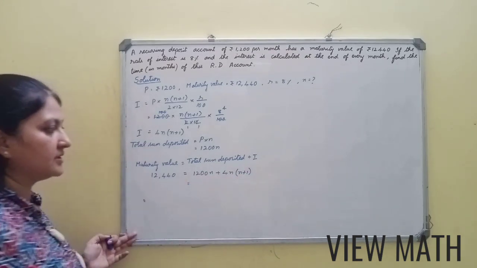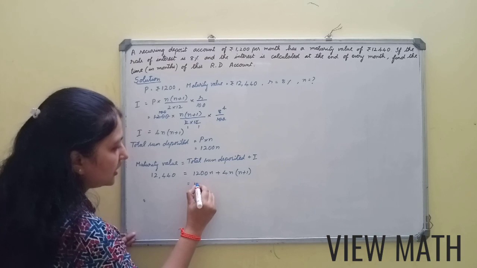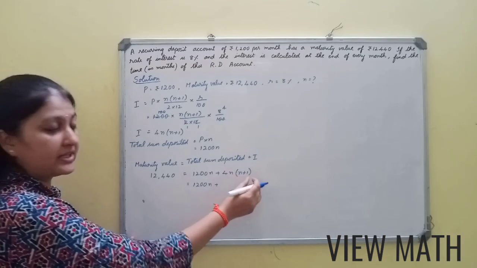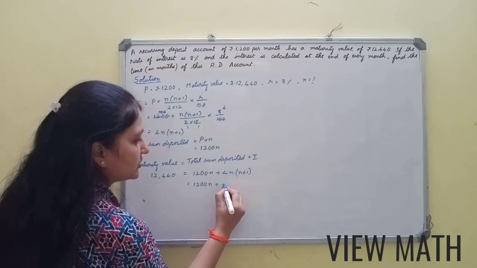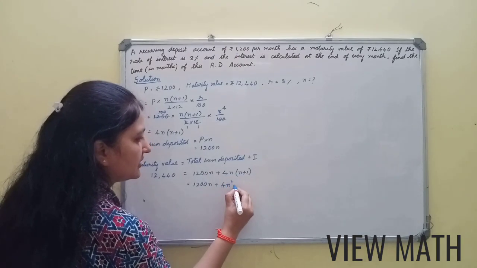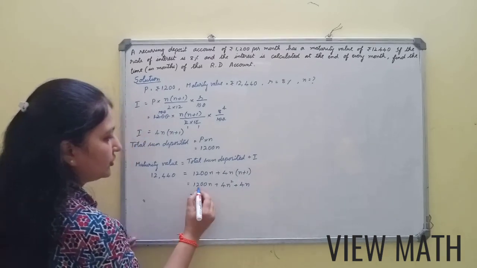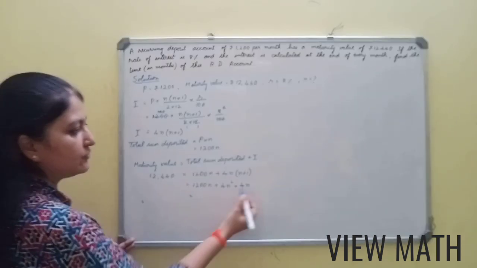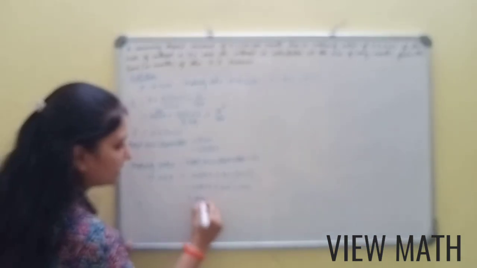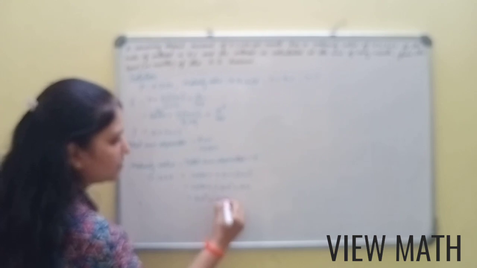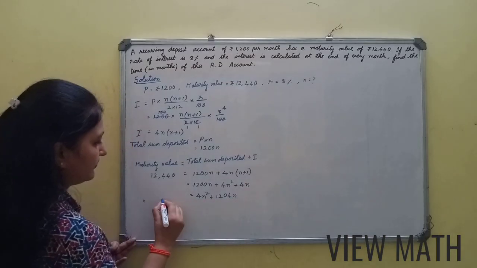Now let me simplify this. 1200 N plus, let me multiply 4N inside. 4N into N gives 4N square plus 4N into 1 is 4N. Now you can see here it is 1200 N, 4N, let me add: 4N square plus 1204 N.